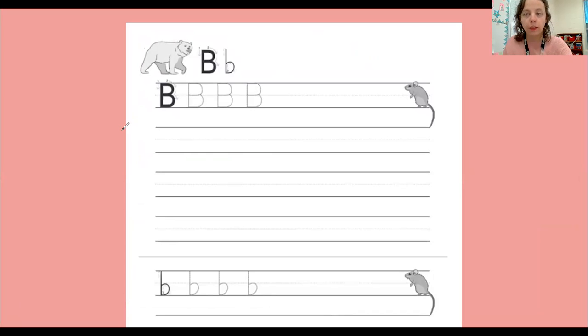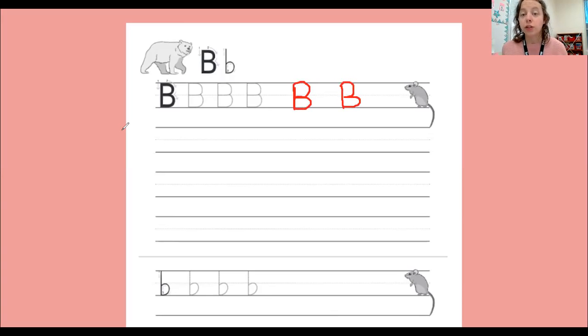Uppercase B, you're going to start at the top line where the mouse's ears are. Come straight down and then curve, curve. Start at the top line, come straight down, curve around and around.